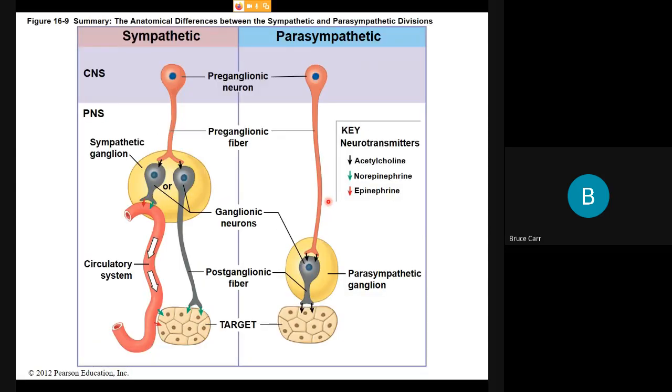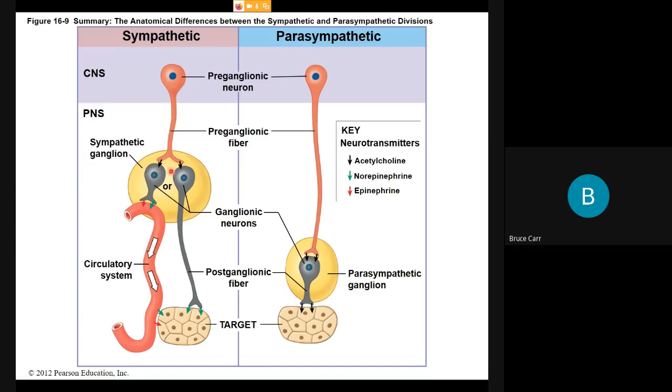So here's a general comparison showing the length of the preganglionic fiber being different and the postganglionic fiber in general being different. There's a couple of other differences. For example, the black arrows are acetylcholine, and parasympathetic responds completely to acetylcholine receptors in the synapse.